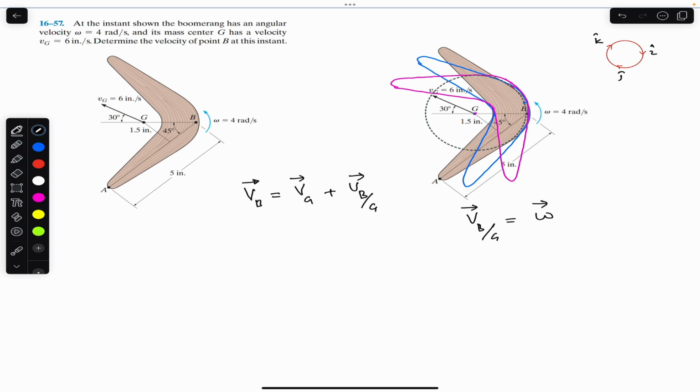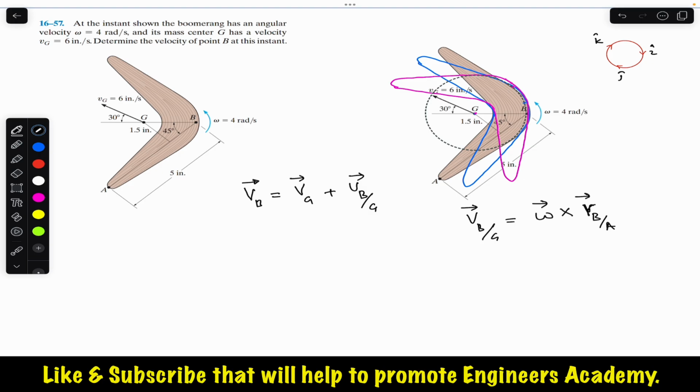So we can say that the velocity of B relative to G will be equal to the cross product of omega times the position vector of B relative to G. This is RB relative to G, and this will be the position vector from G to B. So let me draw that position vector from G to B here.